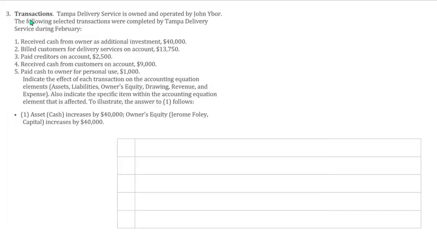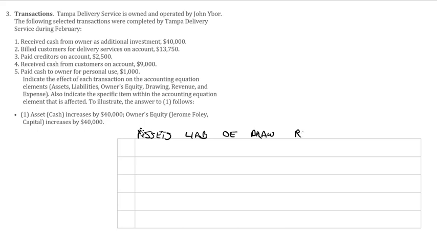So let's put the headings over the columns. The first one we need is assets, so we'll put those here. Assets, and then we've got liabilities and owner's equity, a drawing account, revenue and expense.